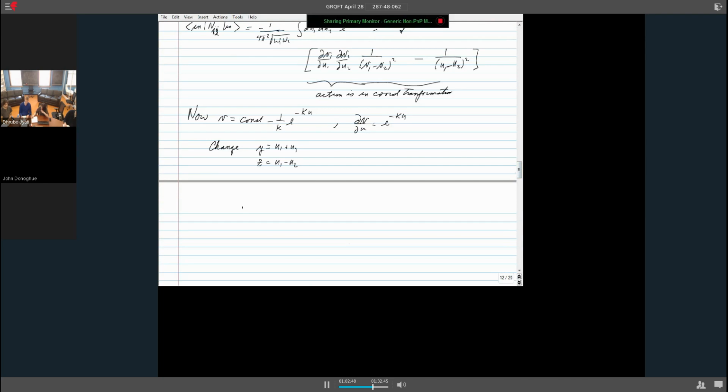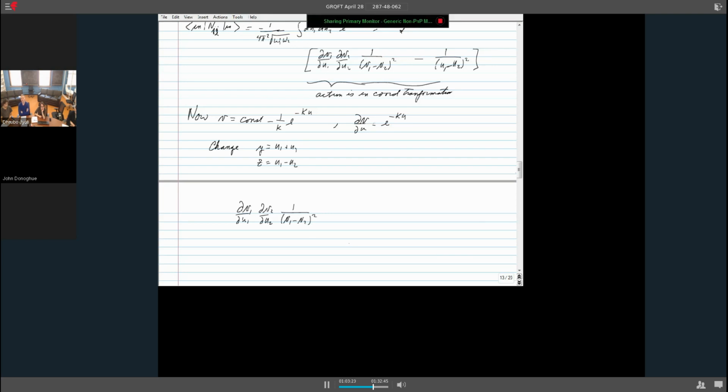Okay, and now at this stage, it's all just calculating this using the coordinate transformation. So v is a constant minus 1 over kappa e to the minus kappa u. dv du is then e to the minus kappa u. So the exponent comes in here with these transformations.